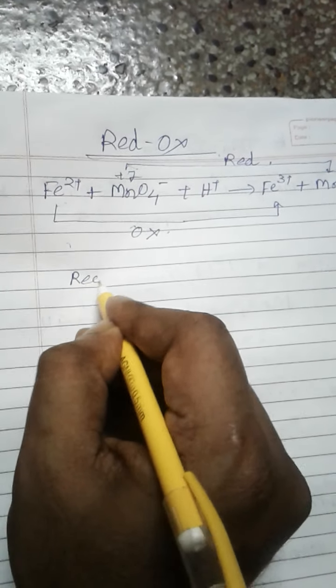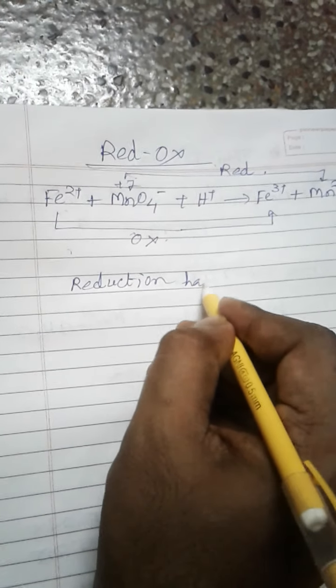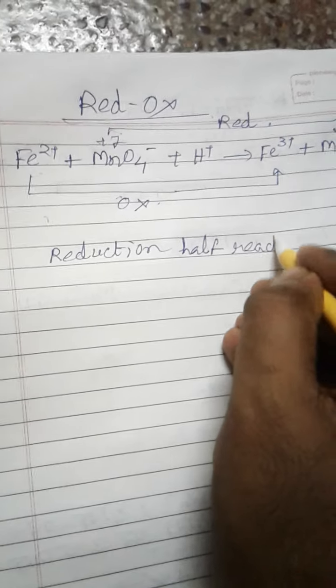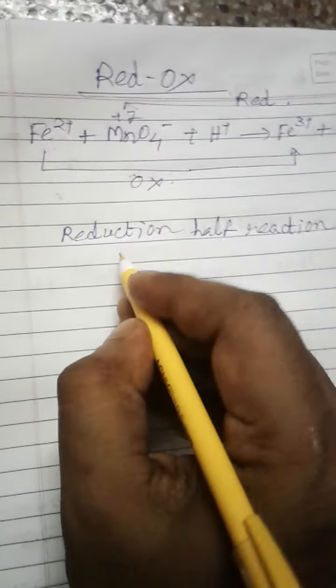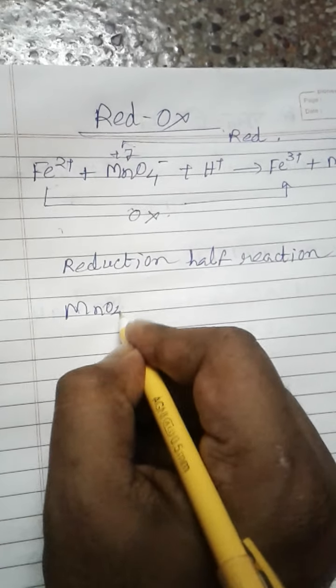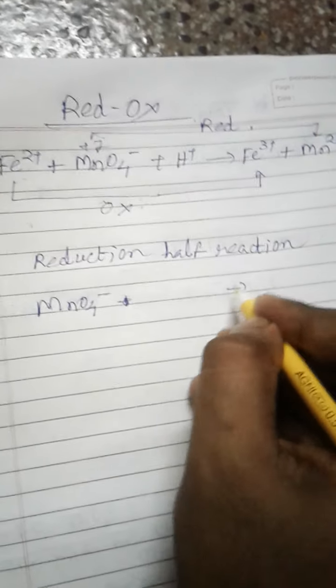We have to write the half reactions. I write the reduction half reaction first, that is MnO4- to Mn2+.